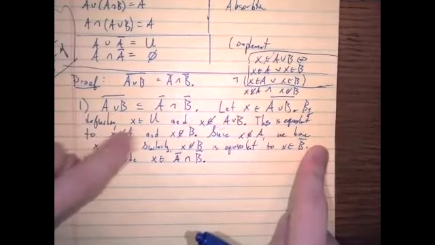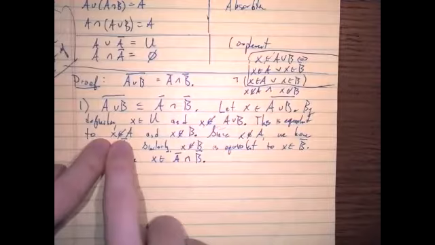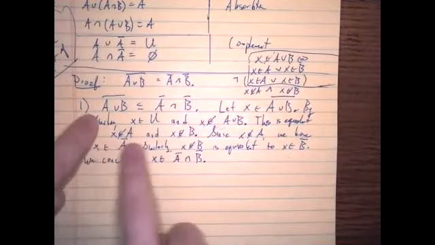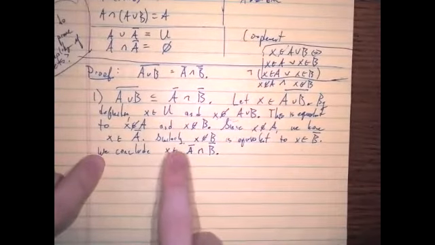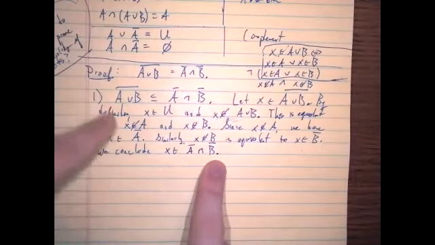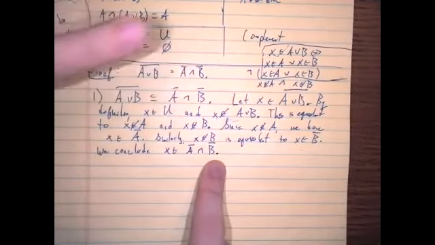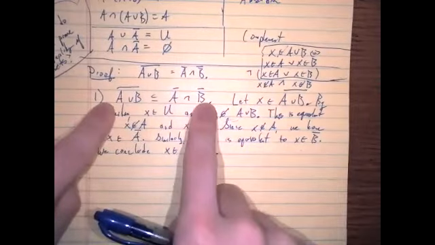Well, it means X is in U and it's not in A union B. This is equivalent to X is not in A and X is not in B. When I trace through all these collections of equivalent statements, I end up with X is in A bar intersect B bar, or A complement intersect B complement. So anytime that I have an X in here, X also appears in here. So I've proven this statement.